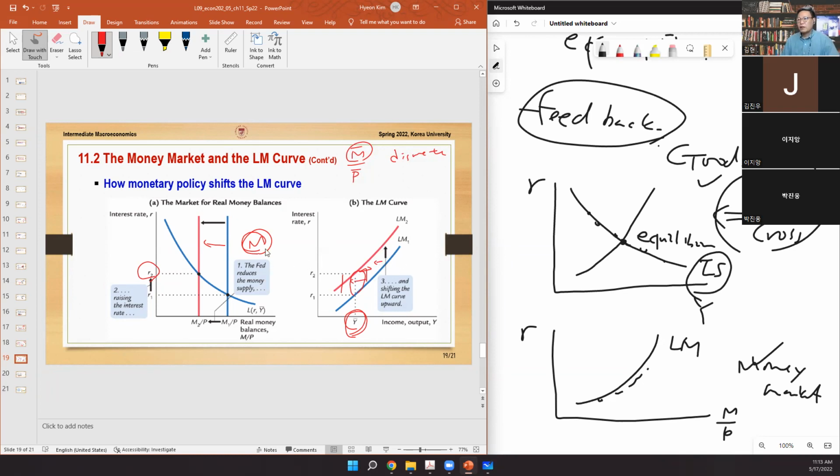That means we find the relationship between changes in the money supply and what happens to your LM curve. The opposite case is very simple. With an increase in money supply, your LM curve shifts to the right in this case. Actually, shifting down has the same meaning.